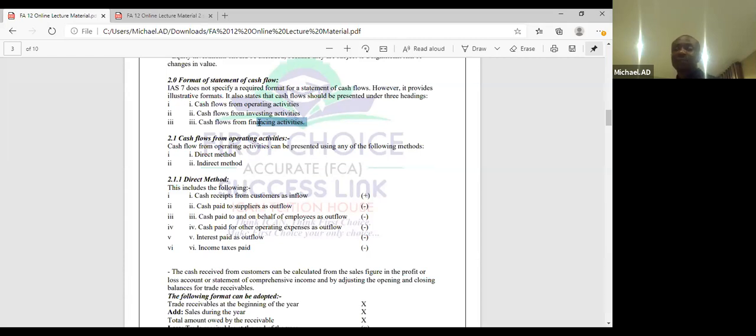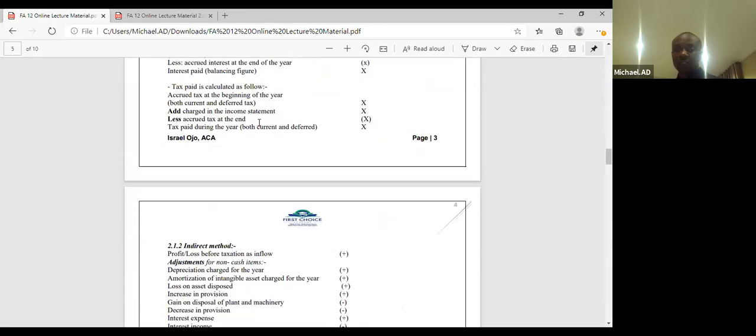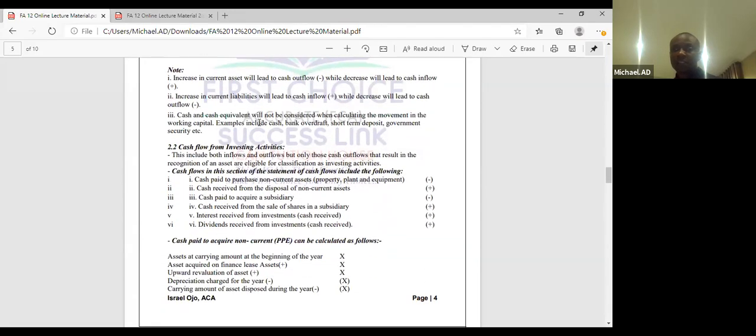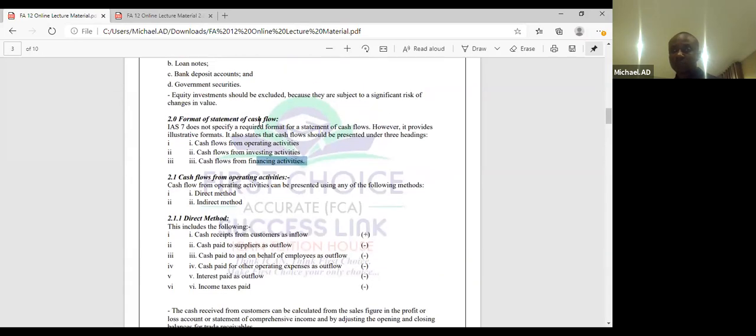In the direct and indirect methods, the investing and financing activities are actually the same. The only difference is the operating activities. Somewhere here, operating activities is explained. Cash flow from operating activities can be presented by using direct or indirect.